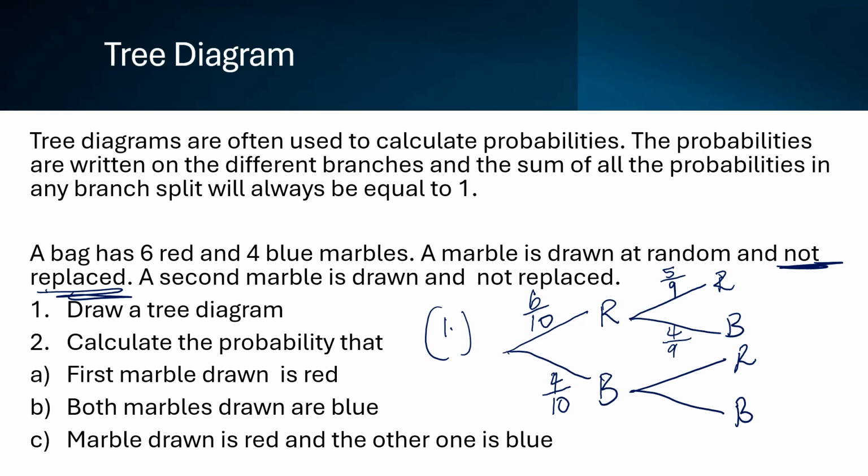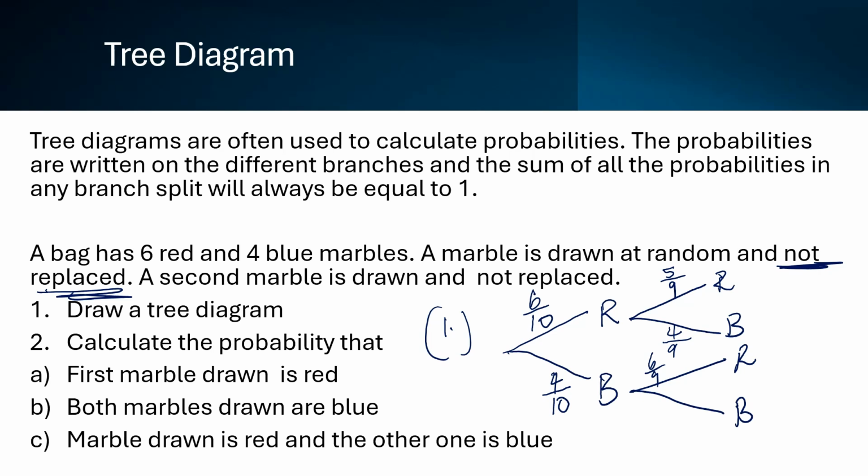Then when we come to this branch, if we fetch the blue first, what's the probability of getting red? It will just be 6 out of 9. Because you started with blue, you didn't affect the number of reds, so there are still 6, but the sample space has decreased because once you fetch blue, you have minus 1 blue, so you're left with 9.